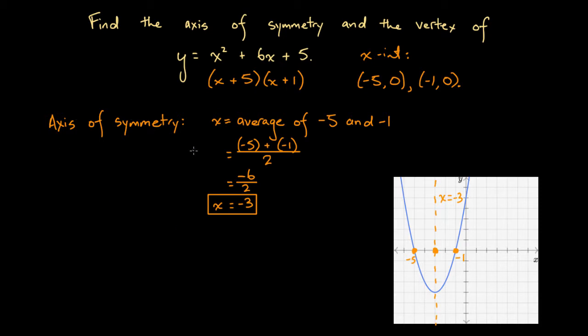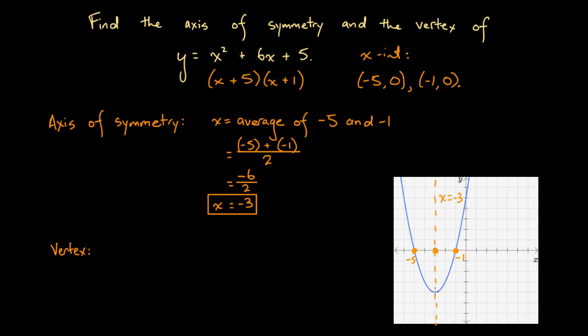That's the answer. So this line here is the line x equals minus 3. Well, we found the axis of symmetry. The next thing we need to do is find the vertex. You might recall that the vertex is the point at which this graph crosses the line of symmetry. Now the axis of symmetry is given by x equals minus 3, so any intersection with this line must have an x-coordinate of minus 3.